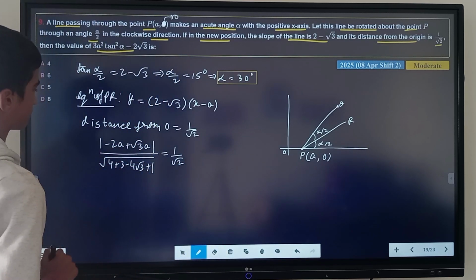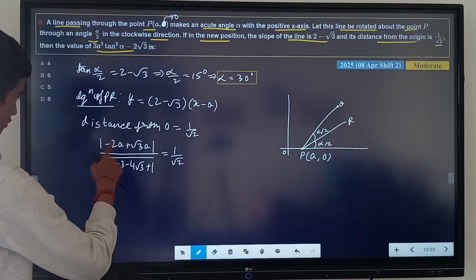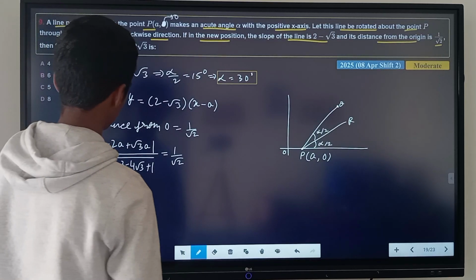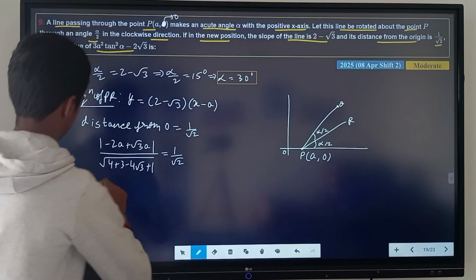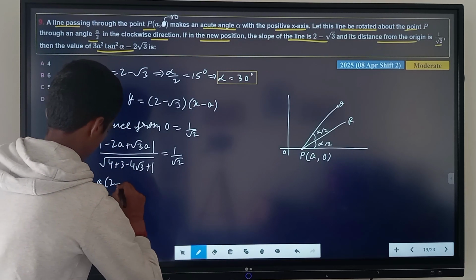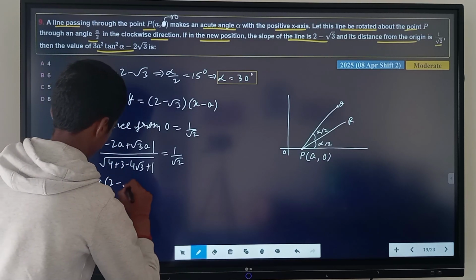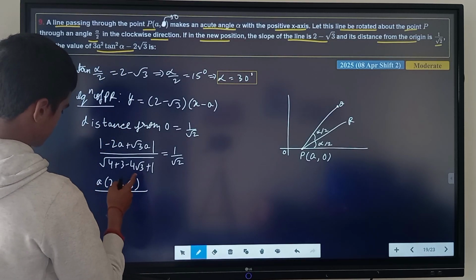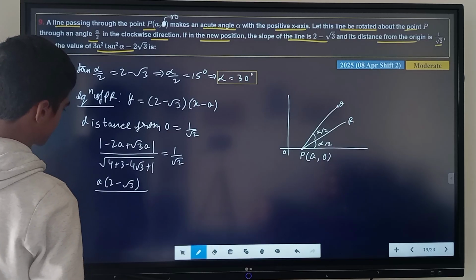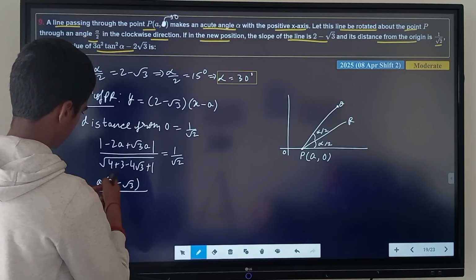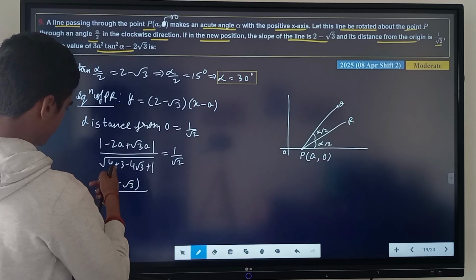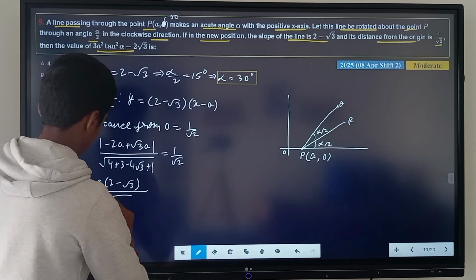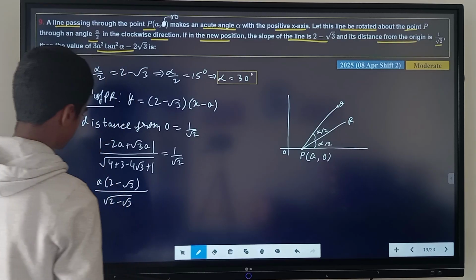Now let's take a common, not 2, a common. We will get minus 2 plus root 3. We will take it outside the mod. This will be a times 2 minus root 3 upon, let's take 4 common from here. We will get the root of 2 minus root 3.